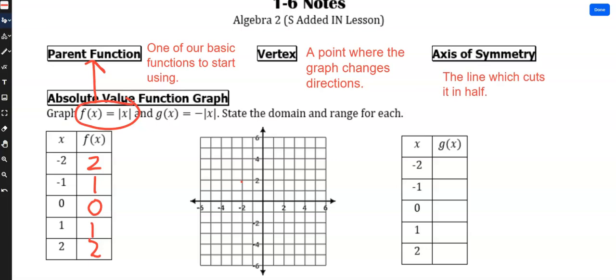Let's try that again. So we see that we're getting this kind of shape.